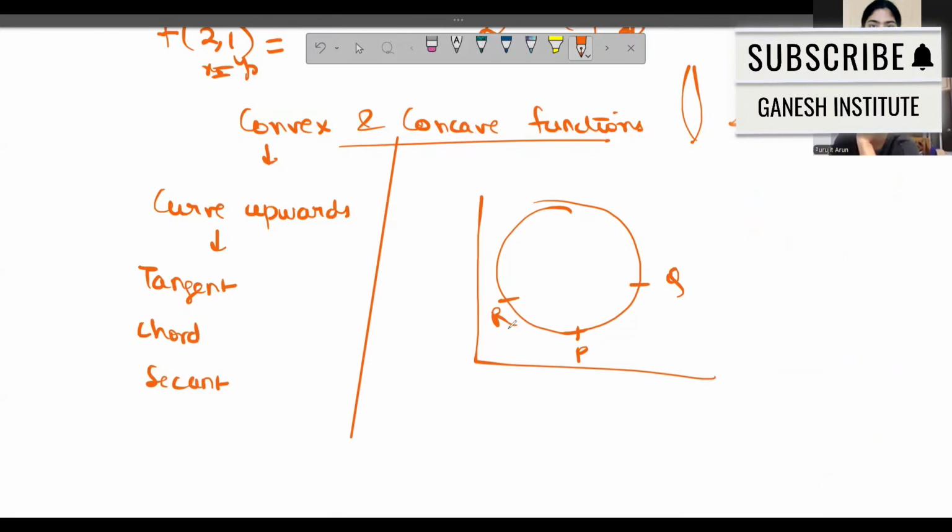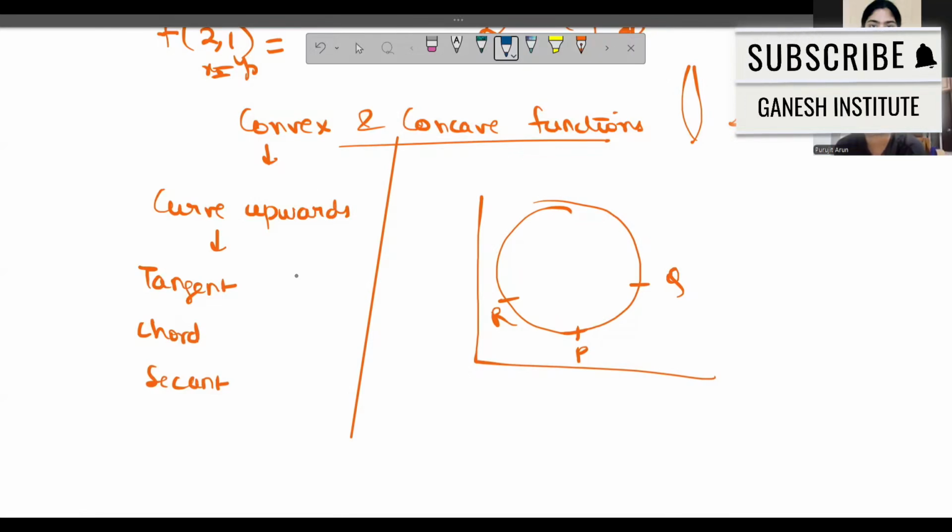So see, what I'm trying to say here, I'm using the pen from the note itself. So what happens? A convex curve means the curve is upwards. And upwards means I need to have something downwards with reference to which I can say that it is upwards.